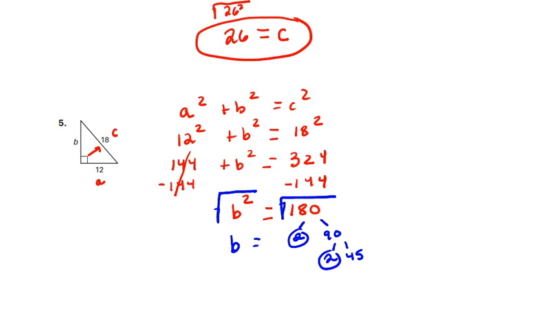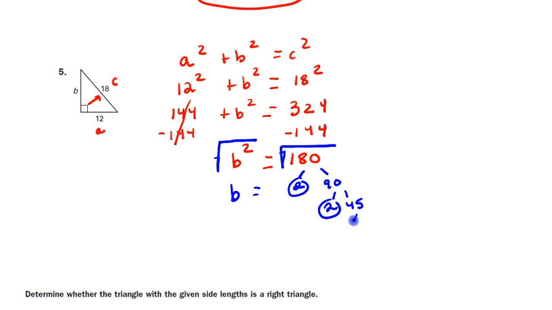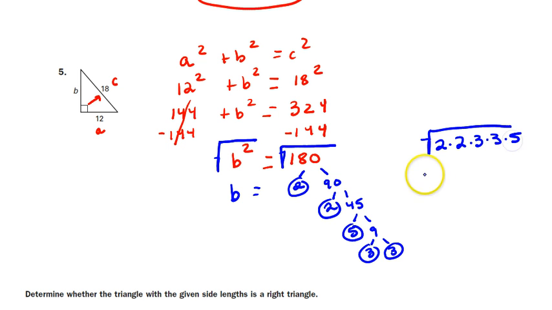Still haven't found any perfect squares. 5 times 9, prime, and 3 times 3. Right, so I can rewrite 180 as the square root of 2 times 2 times 3 times 3 times 5, or 2 squared times 3 squared times 5.